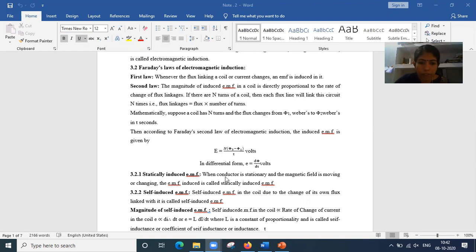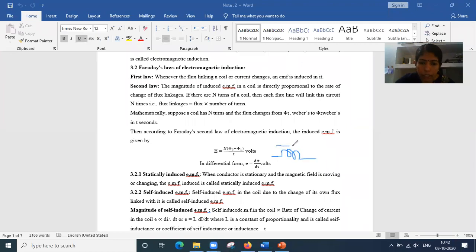Statically induced EMF: when the conductor is stationary and the magnetic field is moving or changing, the EMF induced is called statically induced EMF. We have already learned some terms, so let me just explain what statically induced EMF means. When the conductor is stationary and the magnetic field is changing. Just we are placing a conductor which is stationary.